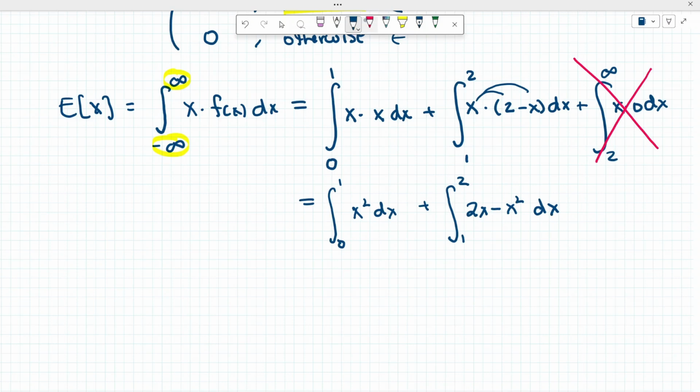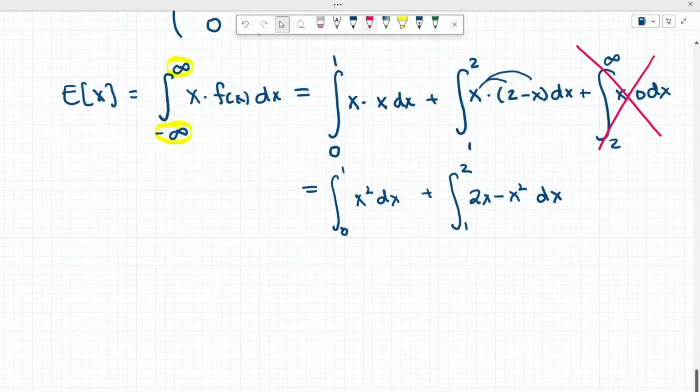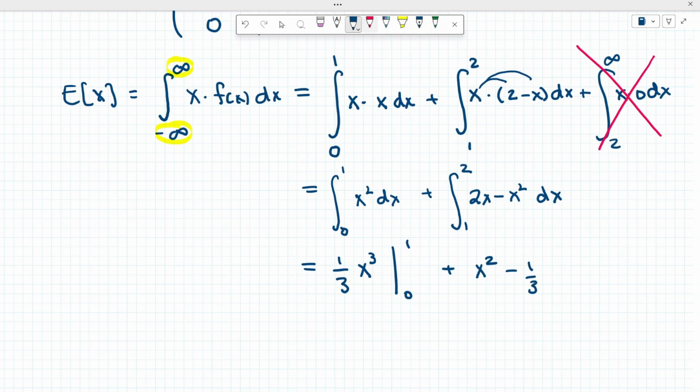We can just use the power rule over here. So the integral here is going to be 1 over 3 x to the 3, and we're taking that from 0 to 1. And then over here we will have x squared minus 1 over 3 x to the 3, and all this from 1 to 2.